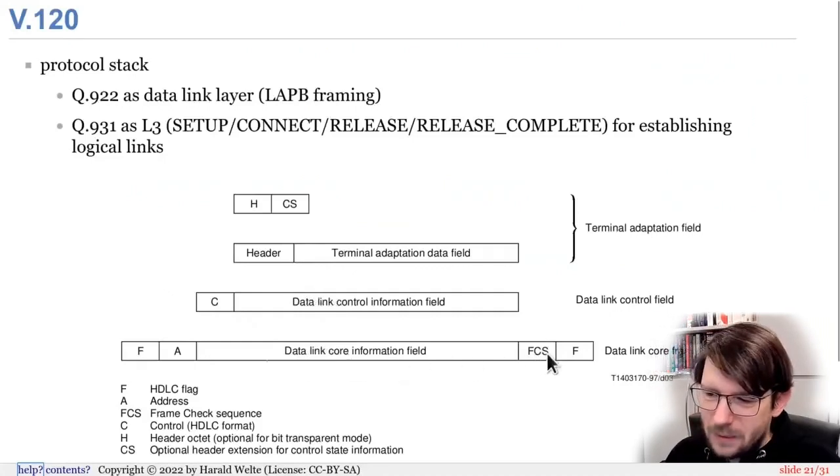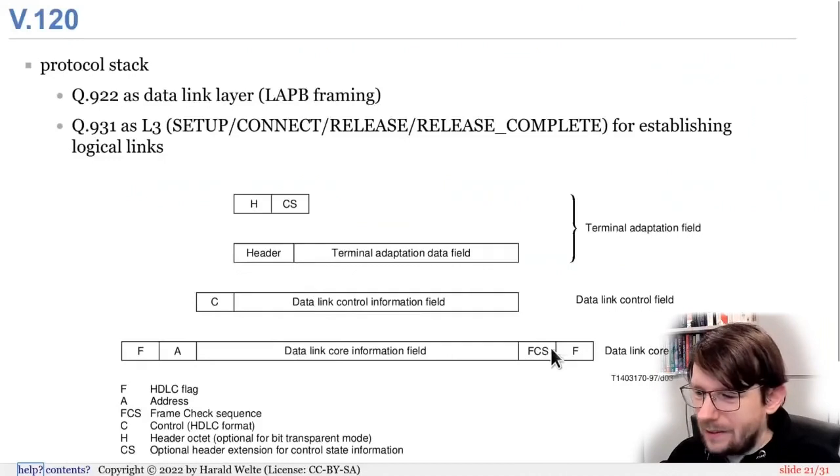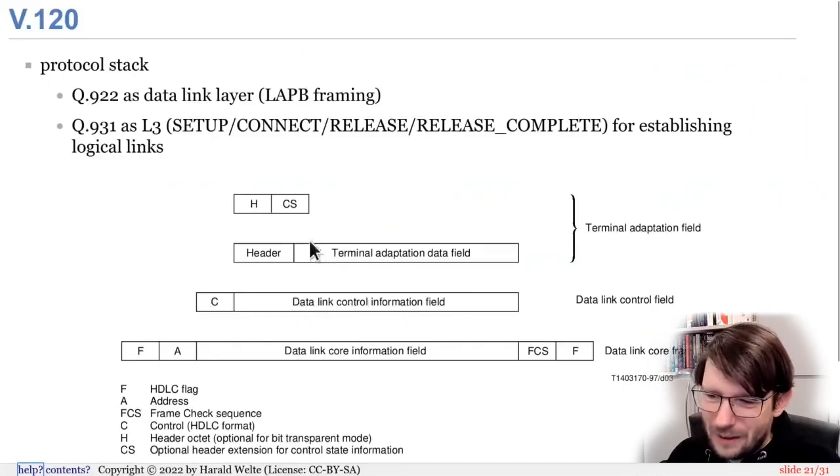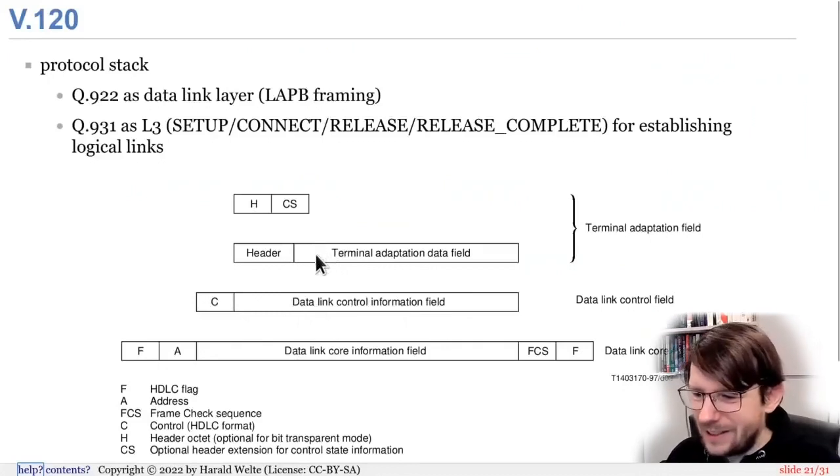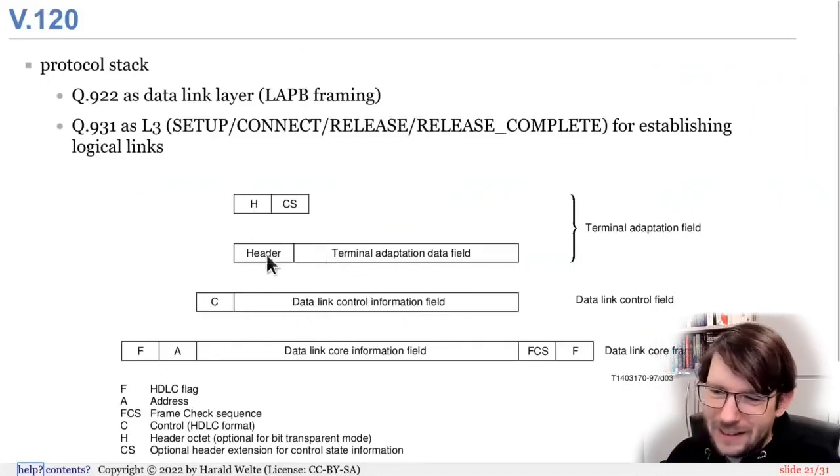And again, a 16-bit check sequence and another flag octet at the end of the header. And inside this data link core frame, we have the data link control field, which has the control frame and the information field. And in the information field, we then have another type of frame, the terminal adaptation frame, which has, again, its own header.